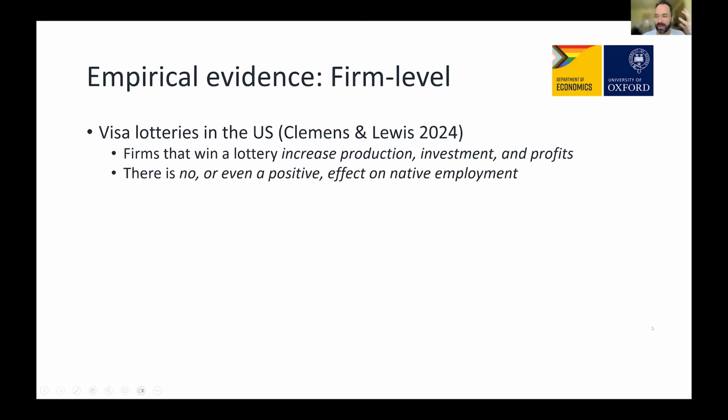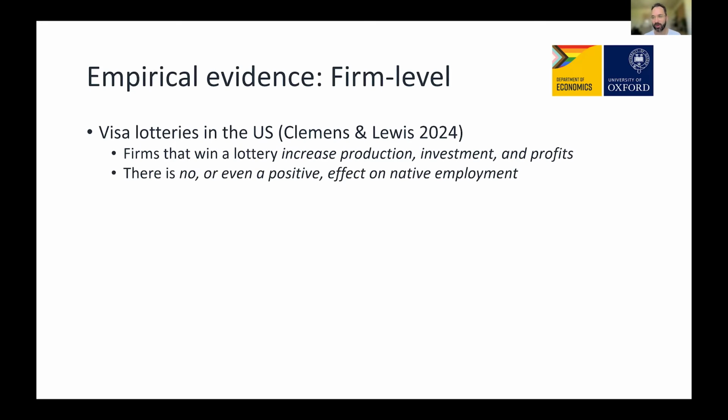And one really neat idea here, again, to overcome selection, is to use visa lotteries in the US. The idea here is that lots of different firms apply for a worker visa, but only some of them get their visas granted at random. And so now you can compare two firms in the same labor market. One just got access to one more immigrant worker, the other didn't.